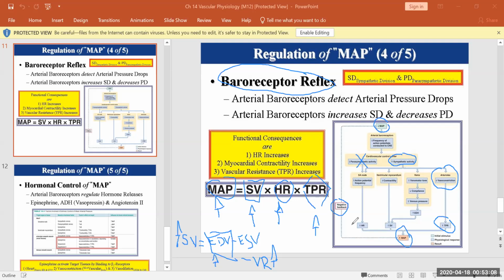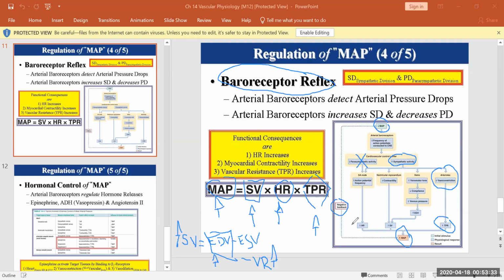So your tissue perfusion will be compromised if this is not rectified, okay? So all this mechanism on this slide is to rectify this situation. If there's a decrease in the driving force pushing blood forward, that driving force must be reestablished.